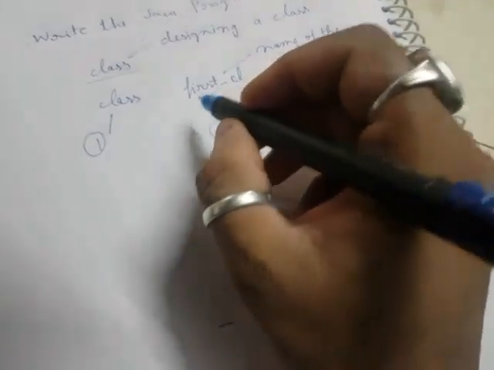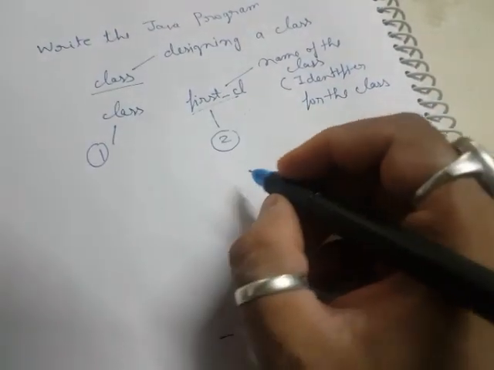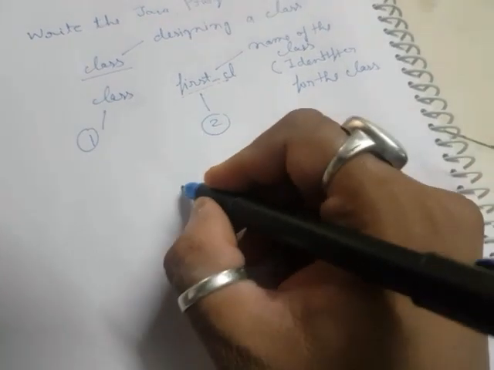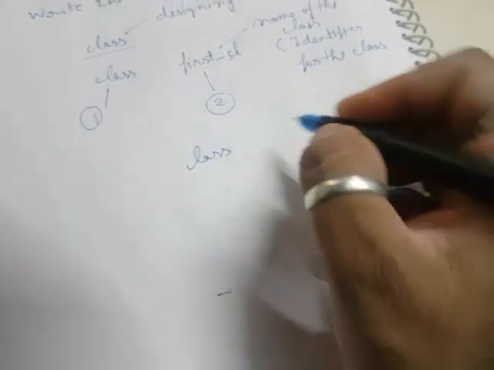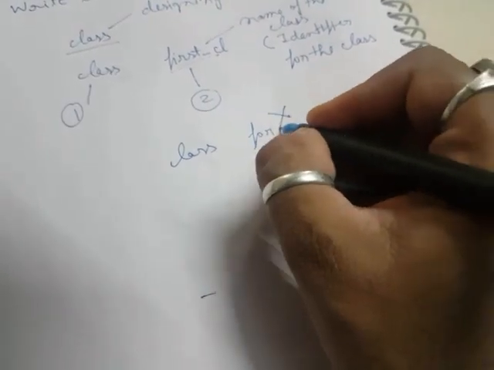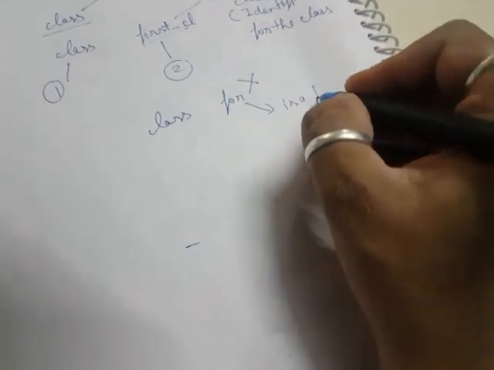Remember, whenever you write the name of the class, it must not be a keyword. Suppose somebody writes class for. This is wrong, because for is a keyword.